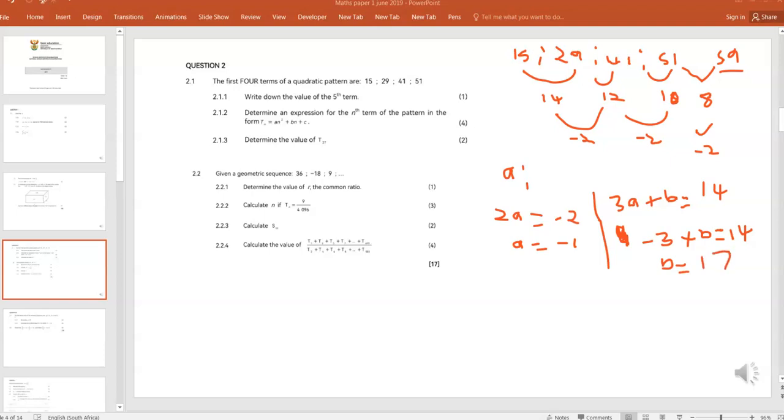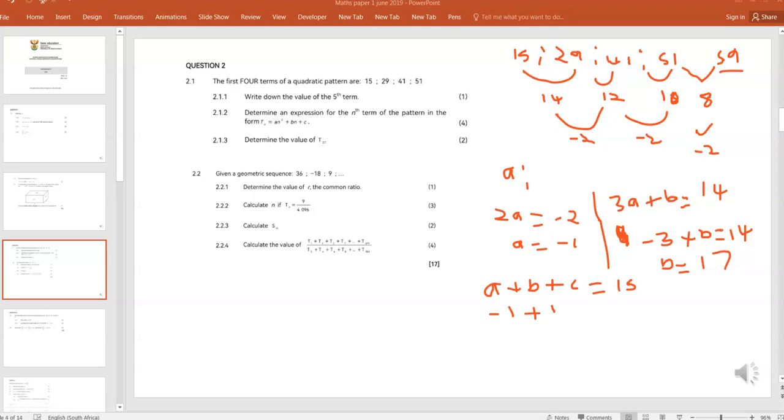C, let's finish up with C. To find C, it's A plus B plus C. That's how you find C. So A plus B plus C will give us the first term of the sequence, which is 15. So now, what is A? Minus 1. What is B? 17.